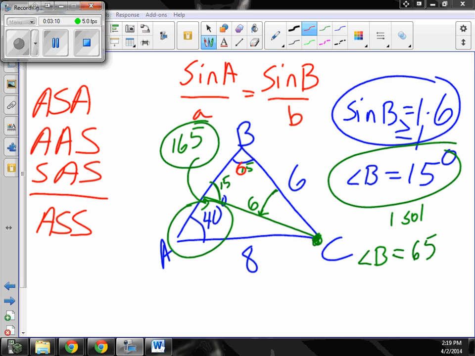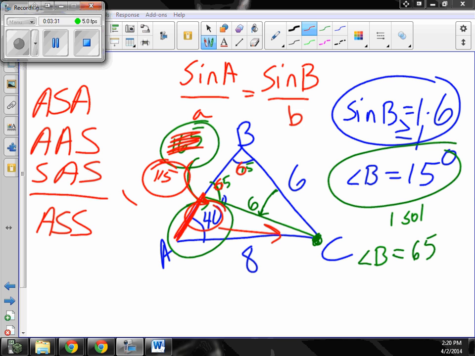So this is 65 and this is 65. 180 minus 65 is 115. So this angle here is 115. You can use that angle and that angle to find angle C, and then you're just missing one side length right there. That's the law of sines.